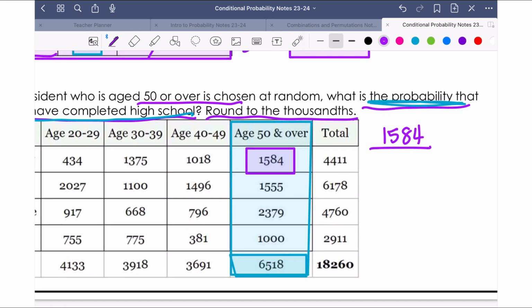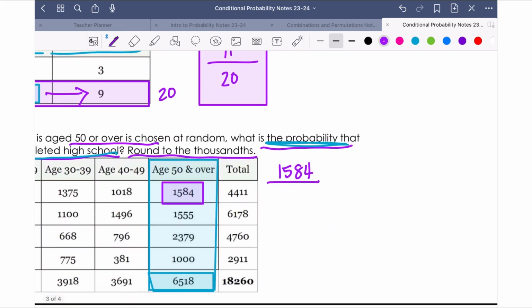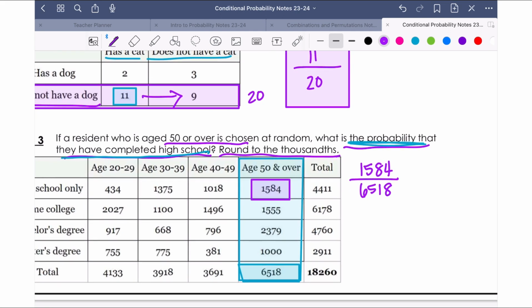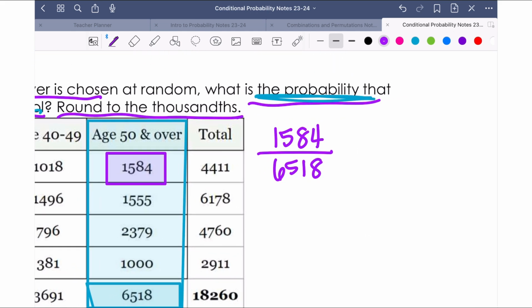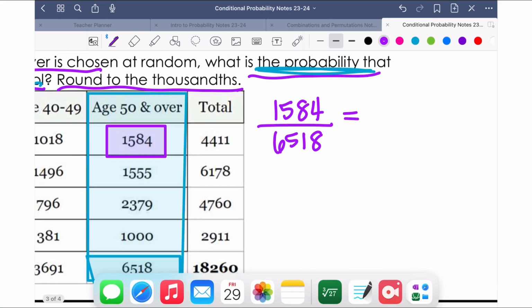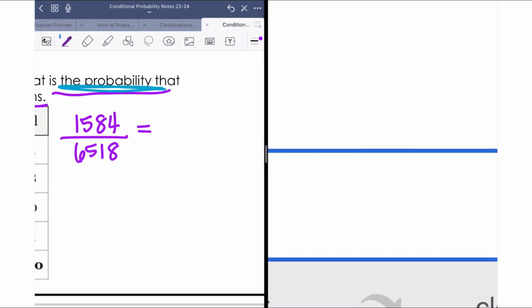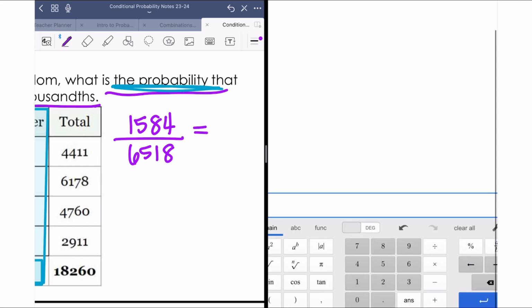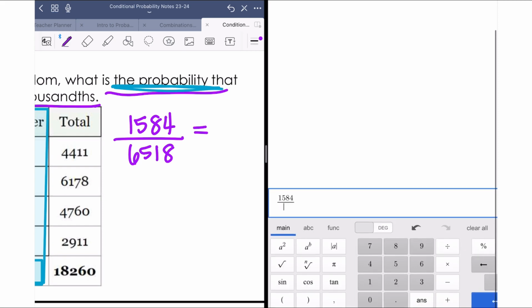How many of them total? 6,518. So out of all of those, 1,584 completed high school. But they want us to round to the thousandths, so we need to get our calculator out and type that fraction in there. So 1584 divided by 6518.